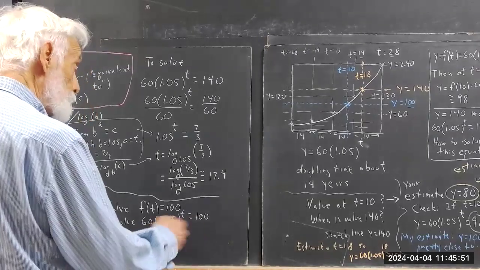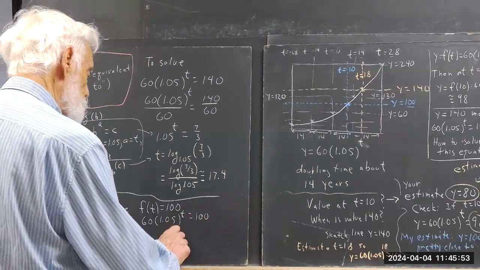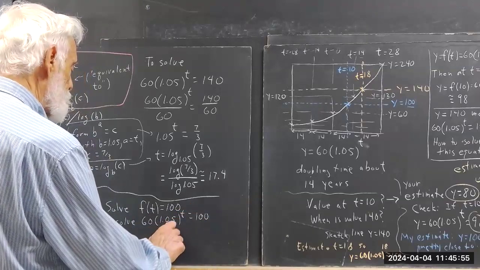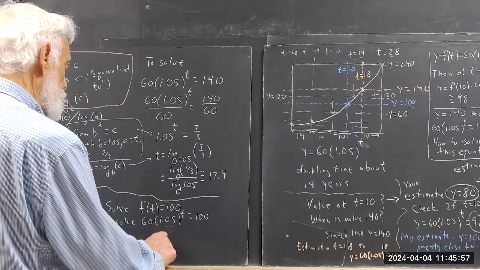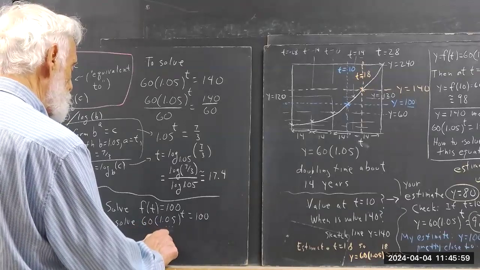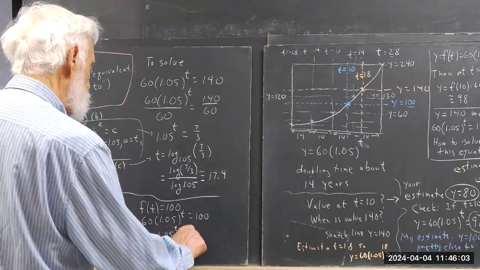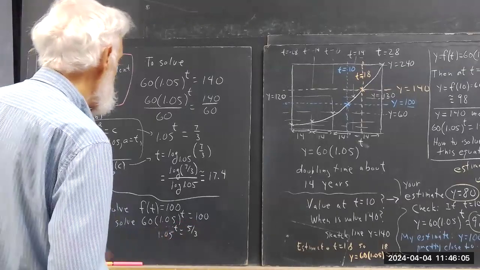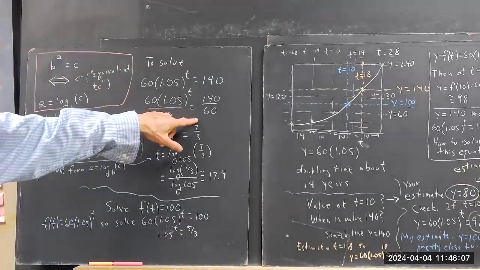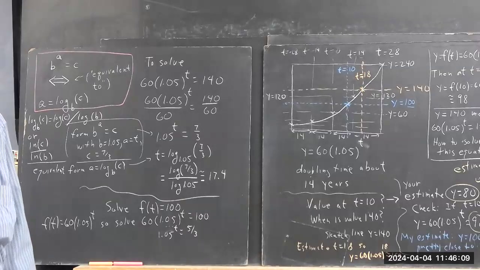You divide both sides by 60. And I'm just going to put a couple of dots here to indicate that if we divide by 60, we get 1.05 to the t equals 5/3. Now I skipped the step here. You shouldn't skip it. Okay.